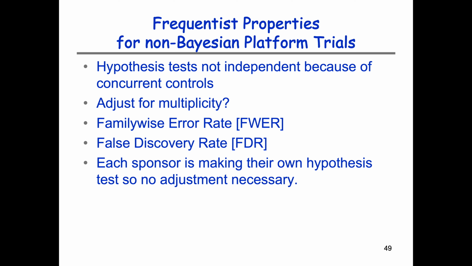But what about the frequentist properties for a non-Bayesian platform trial? Hypothesis tests are not independent because of concurrent controls. Do we adjust for multiplicity? Should we be computing the family-wise error rate and the false discovery rate? But it is also said that each sponsor is making their own hypothesis test. So no adjustment is necessary. We're not doing an experiment here of the five treatments that happen to be live now in I-SPY 2.